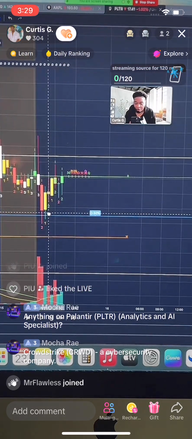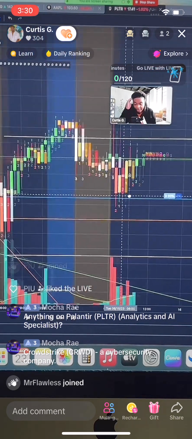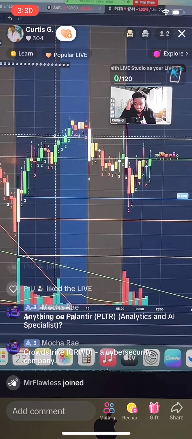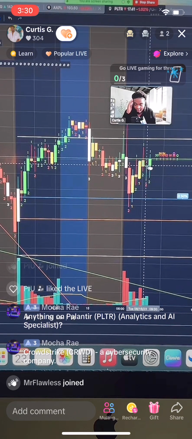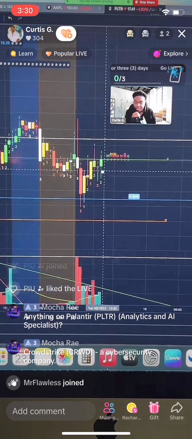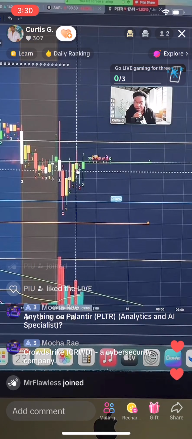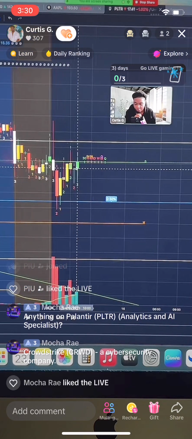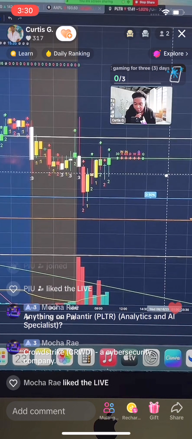But now right here, we've got the high of the previous day as well, which is this top white line. And we see that Palantir is kind of approaching it. And we've got this kind of reversal, right? And remember, I like to trade on the 30-minute chart.